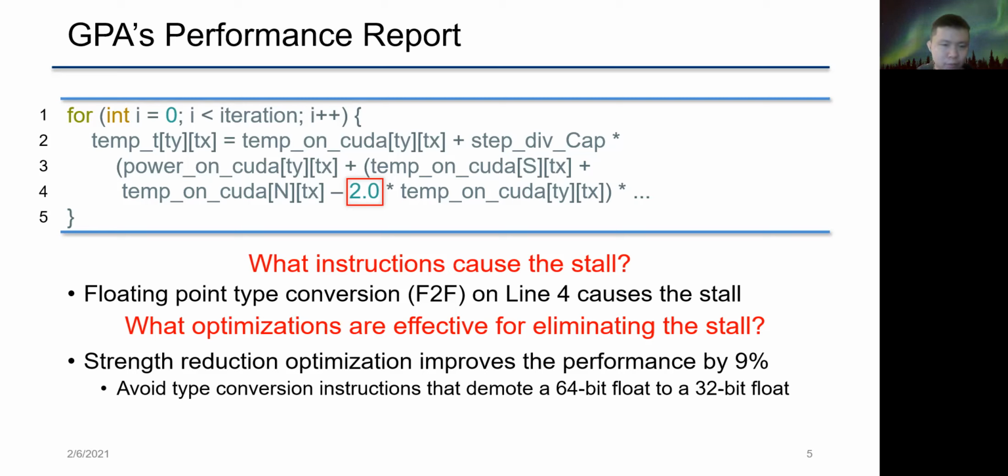Besides, it also provides some hints regarding how to transform the program. It provides information such as avoiding type conversion instructions that demote a 64-bit float to a 32-bit float. So in this case, we can demote this 2.0 from a 64-bit float to a 32-bit float.